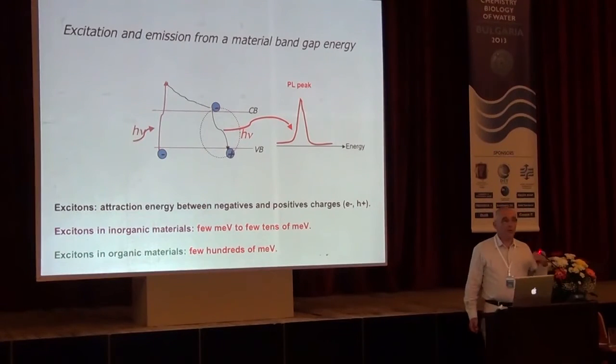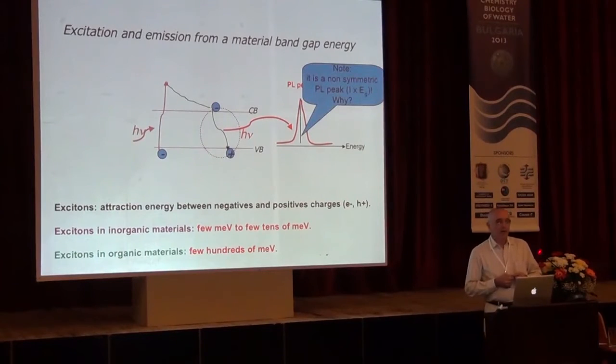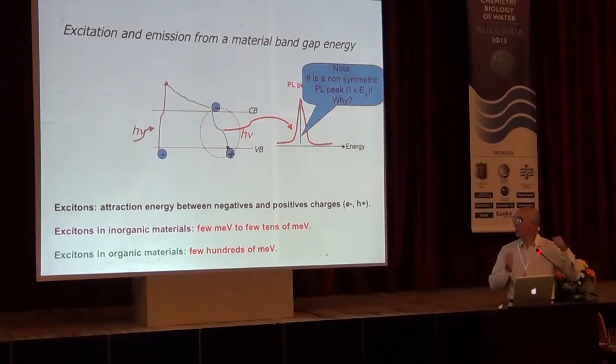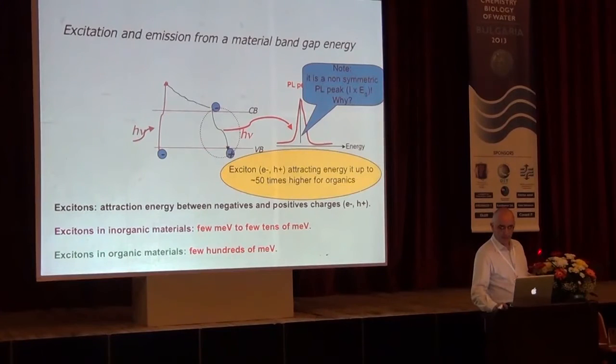But for organic materials, it's much higher, and we will see that we can get much higher values for this attraction between electrons and holes. This photoluminescence peak is not symmetric because of the shape of the density of states.